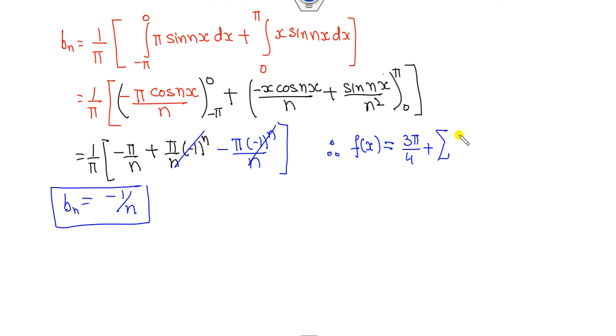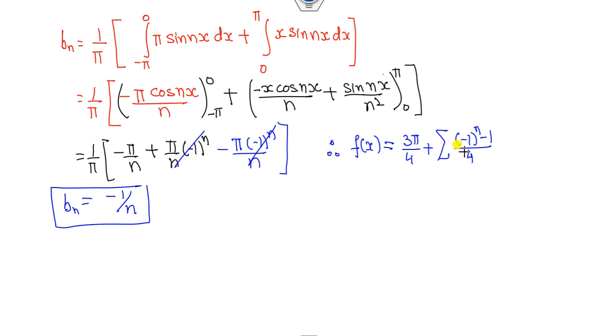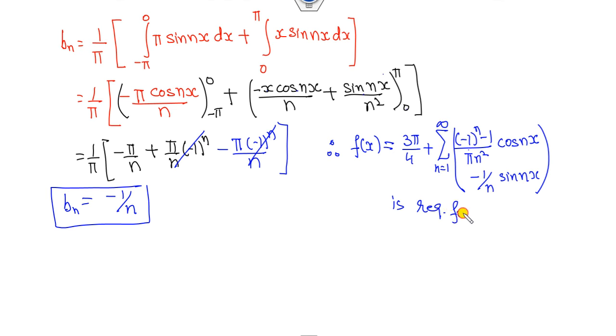An will be minus 1 raised to power n over 4, over pi n square, cos nx, plus bn, so minus 1 over n sine nx. This is the summation from n is 1 to infinity, the required Fourier series.